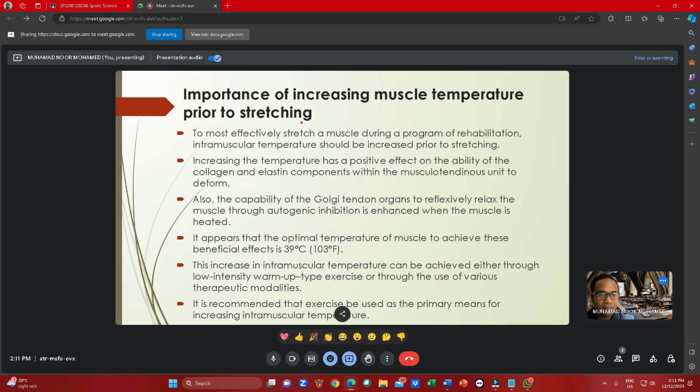Okay, the importance. Why is it important for us to increase our muscle temperature before embarking on a very serious stretching program? To most effectively stretch a muscle during a program of rehabilitation, intramuscular temperature should be increased. Increasing this temperature has a positive effect on the ability of the collagen and elastic components within the musculotendinous unit to deform.